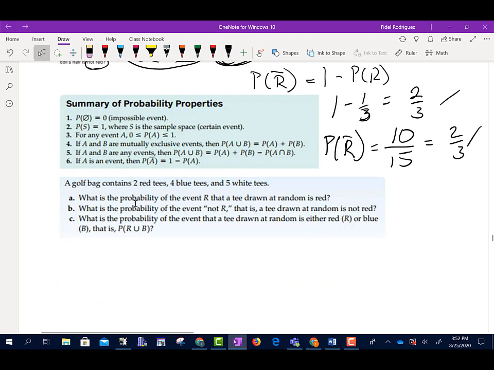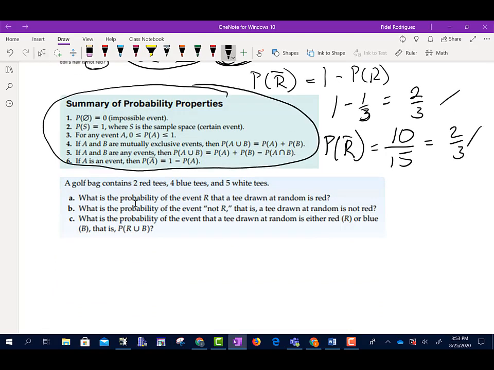Right here we have a little bit of a summary of probabilities. The probability that something cannot happen is 0. The probability that something will happen is 1, like we're certain it's going to happen. The probability for any event is always going to be a number between 0 and 1. So what does that mean?